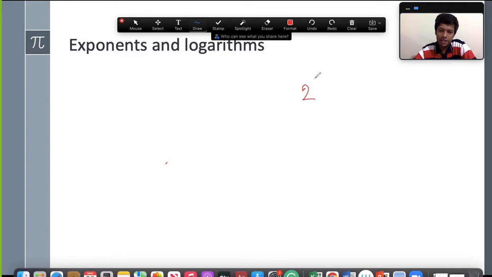Let's say I write 2 cubed. 2 cubed equals what? 2 cubed means 8, right? 2 times 2 times 2. 2 cubed means 3 copies of 2: one copy, two copies, three copies of 2. This is what 2 cubed means.